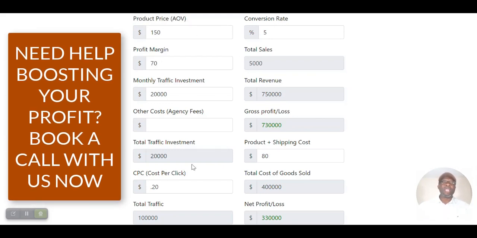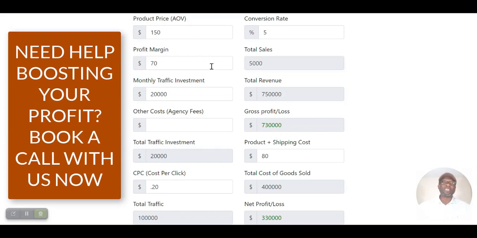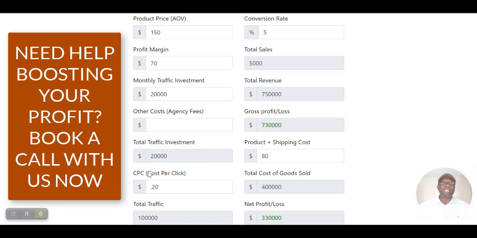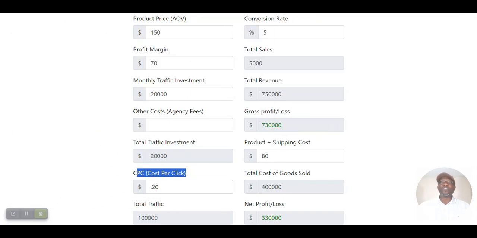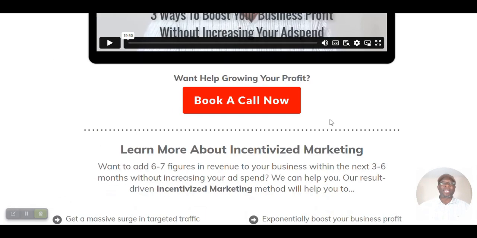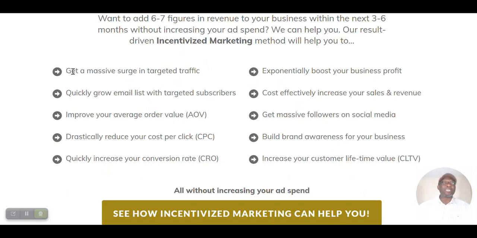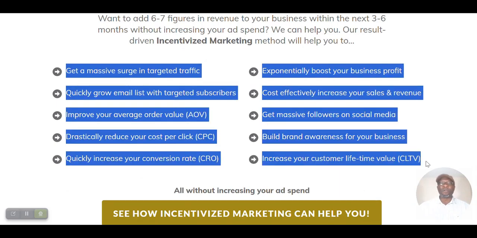When we use incentivized marketing for our clients, they usually get very, very low cost per click. And if you want to know more about incentivized marketing, you will see here all the things incentivized marketing can do with just one campaign.